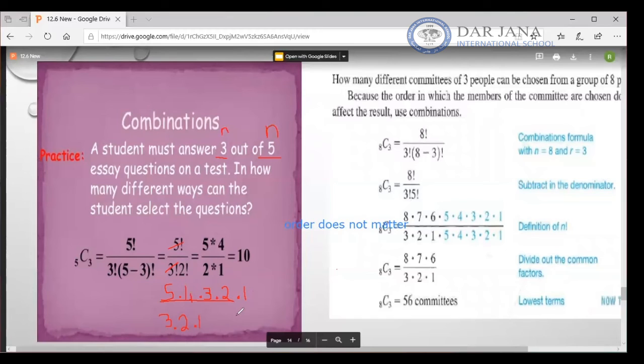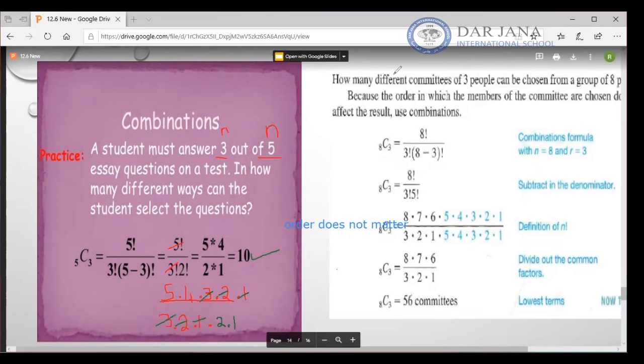And the 2 factorial is 2 times 1. So when I simplify 3, 2, 1 with the 3, 2, and 1, I still have 5 times 4 over 2 times 1, which is the final answer.